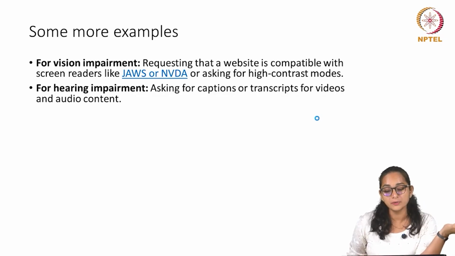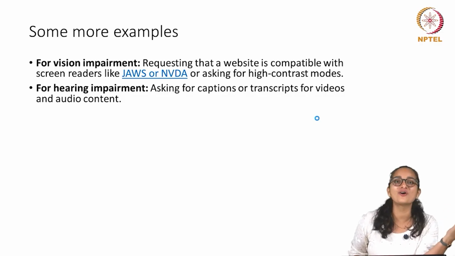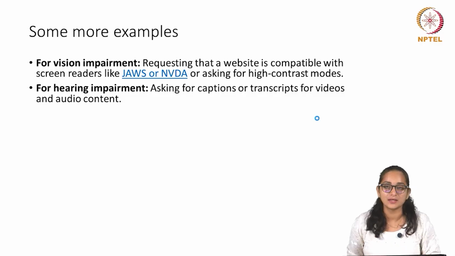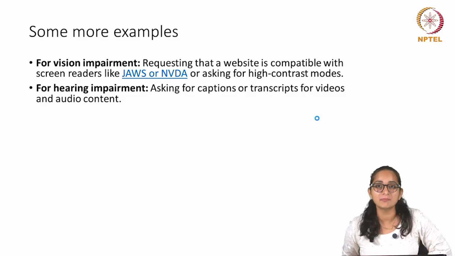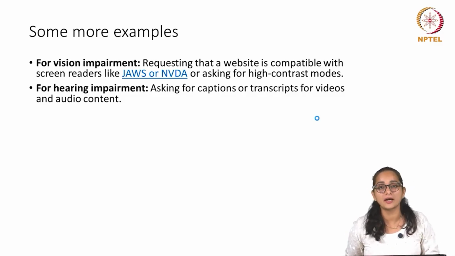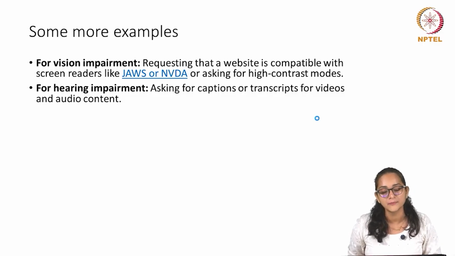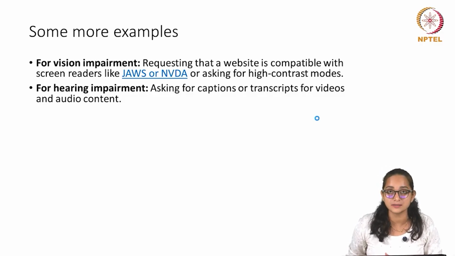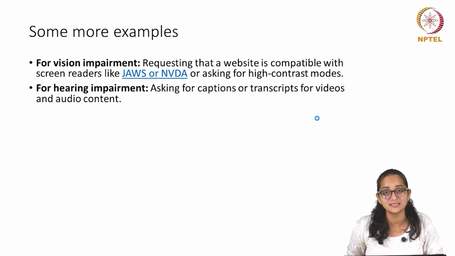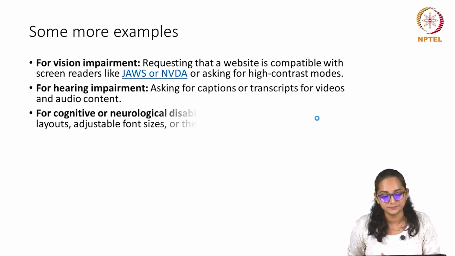For hearing impairment, asking for captioning, transcript for videos or audio content is also an accommodation if it is already not embedded in the website, right? So ideally it should be embedded in the website as per the WCAG guidelines, which we had a discussion about in the previous session. But if they are not there, and if the person is asking and you provide it, then it is an accommodation.